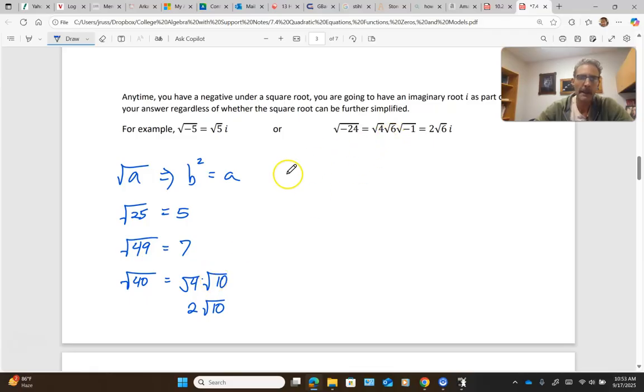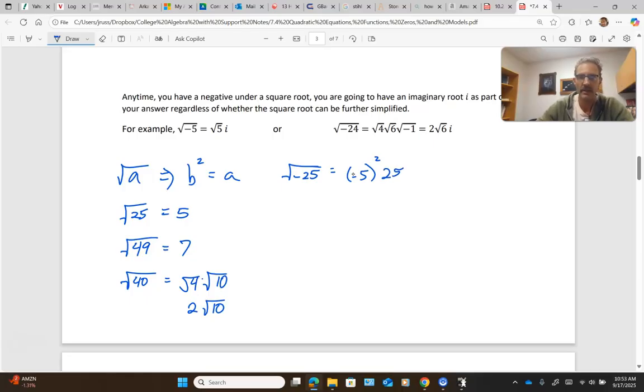Okay. And then lastly, what if I had something like this, the square root of negative 25? Well, we know the square root of 25 is 5, so you might think the answer to this would be negative 5, but it's not. Because if you square negative 5, remember, anytime you square a negative, you get a positive.